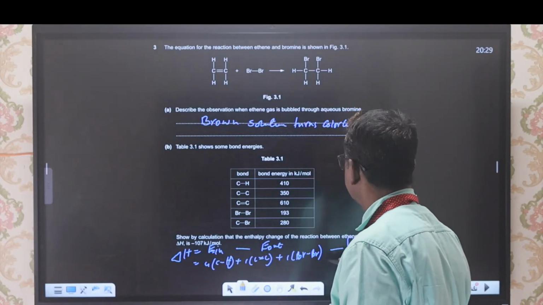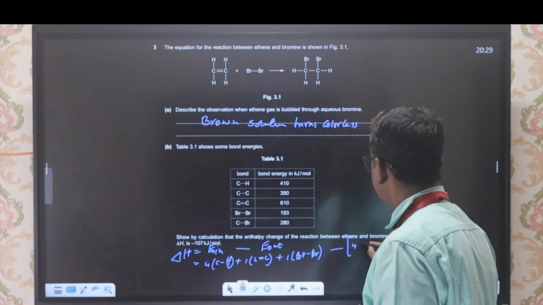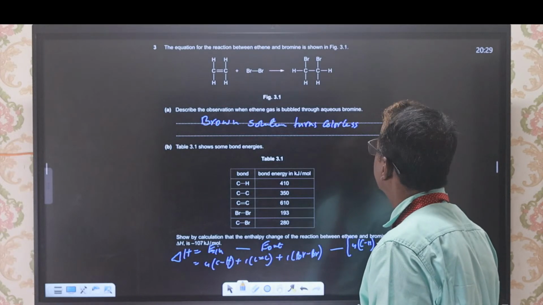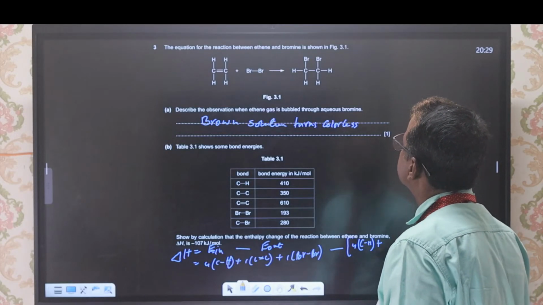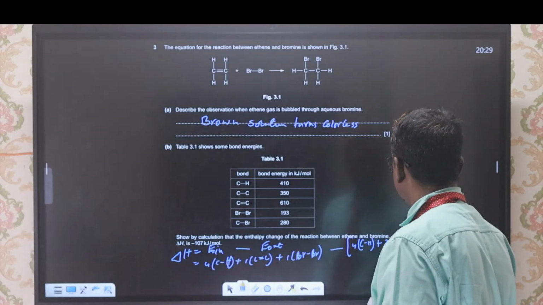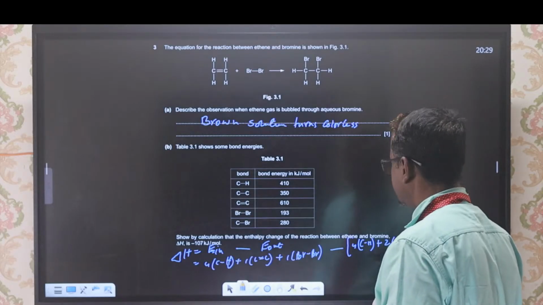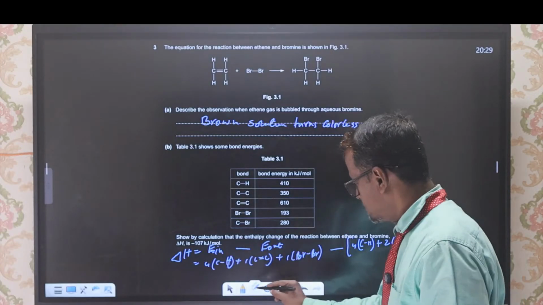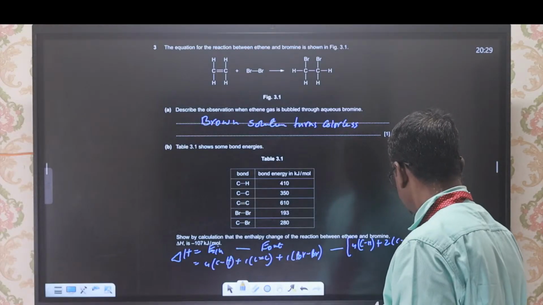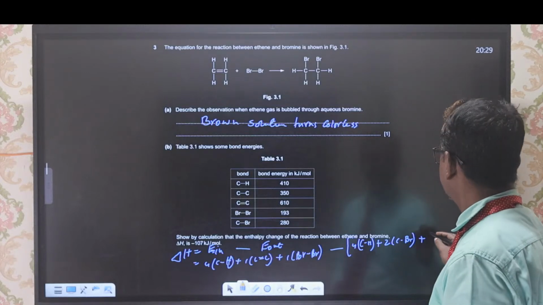Minus, give a bracket. Energy out: carbon hydrogen bonds, how many? Four carbon hydrogen bonds, plus two carbon bromine bonds, plus one carbon carbon bond.